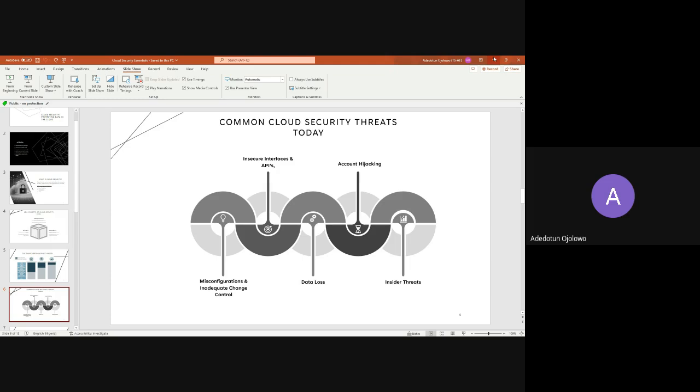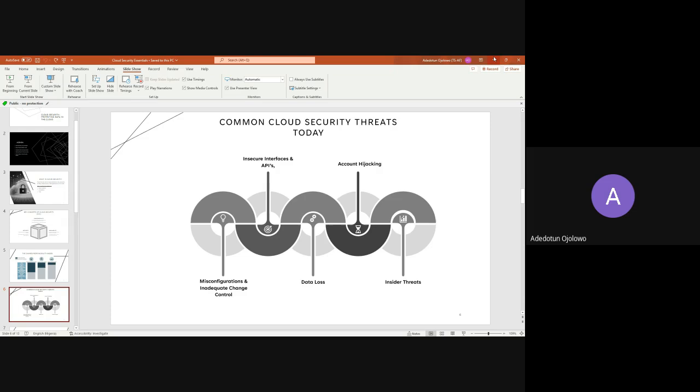A very interesting thing even happened at the beginning of the Uber case. I'll talk about the Uber case shortly, but you will see how data loss is a very common cloud security threat, because it was due to data loss that they were able to gain entry into Uber's environment in the first place.